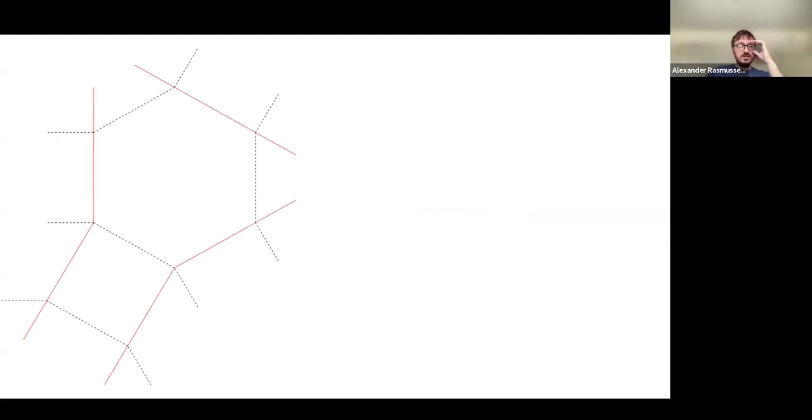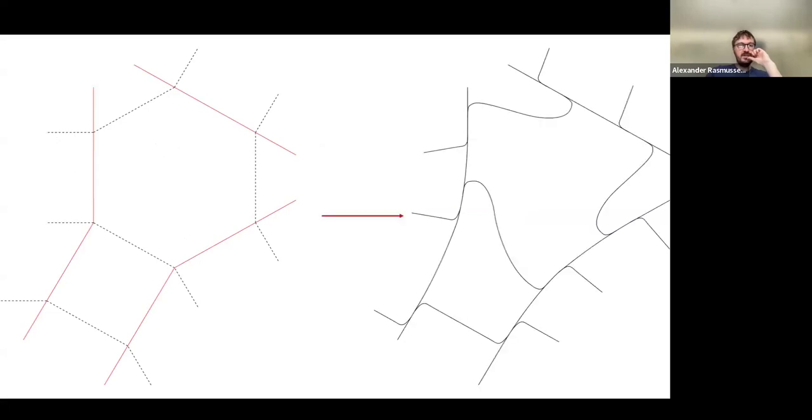We can turn this into a train track by saying at every point of intersection, I want the dotted curve to turn left. If we do that, we get a train track that looks like this. Notice that polygons in the complement of these two curves correspond to polygons in the complement of the resulting train track.